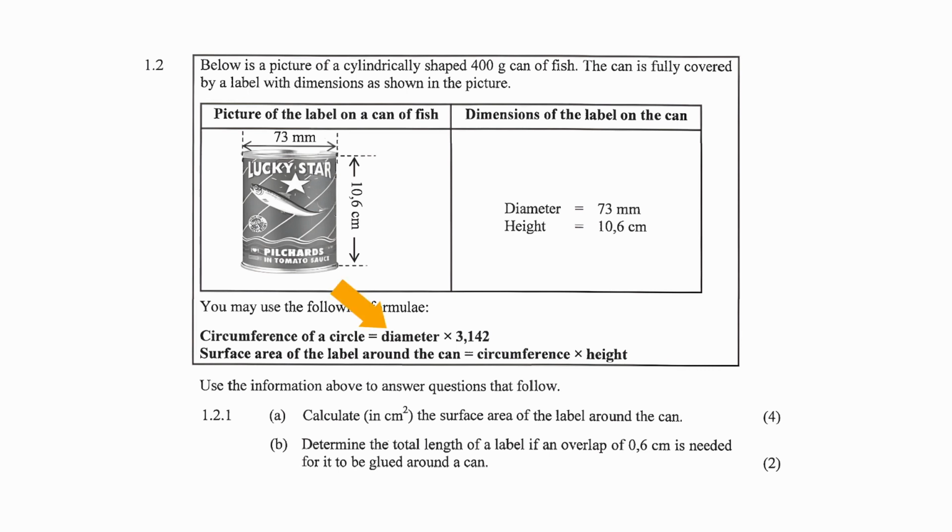To calculate the circumference, we need the diameter of the label that's formed when the label is wrapped around the can. This is given as 73 millimeters. But before we can substitute this value into the formula, we first need to convert this dimension from millimeters to centimeters. We do this because the question wants us to give the answer in squared centimeters.